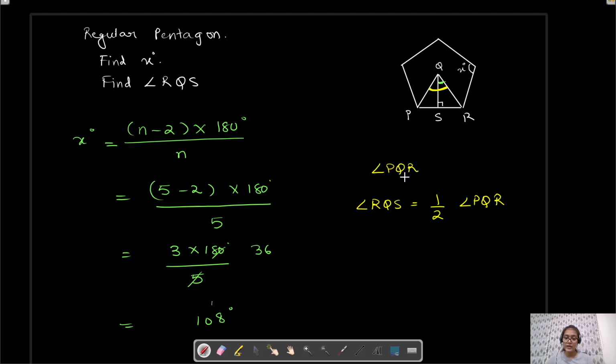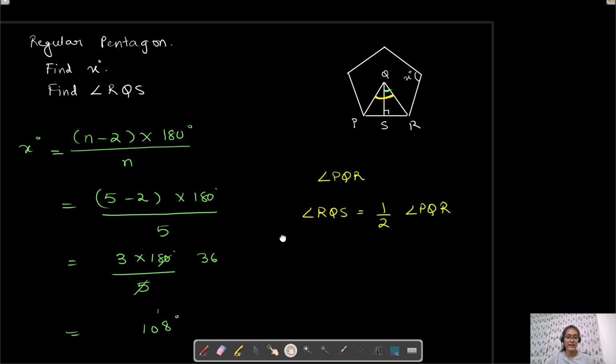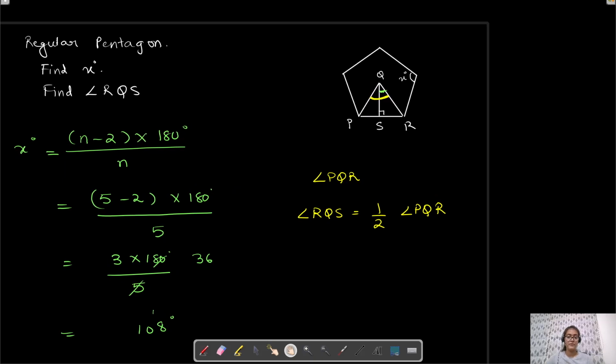Now let's see how we can find the value of angle PQR. This is again one very interesting thing in regular polygons. This entire angle is going to be equal to 360 degrees, and then this angle PQR is going to be equal to 1/5 of 360 degrees, because we can get 5 equal angles if I just extend this side and this side.